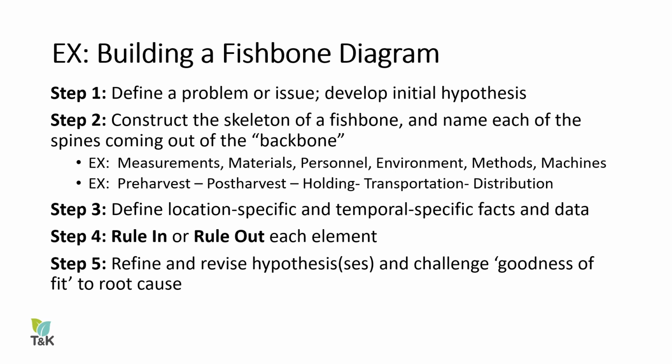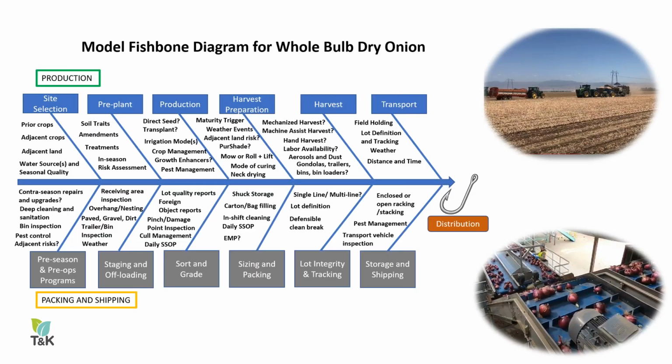The goal here is that step 4 is to really, in a very location specific and timing specific way, with facts and data, rule in or rule out each possible element, and continually refine and revise this and challenge the goodness of fit of any element to root cause. So this is a busy example, but I thought this is typically what one goes through, related to the recent whole bulb dry onion outbreak with salmonella.